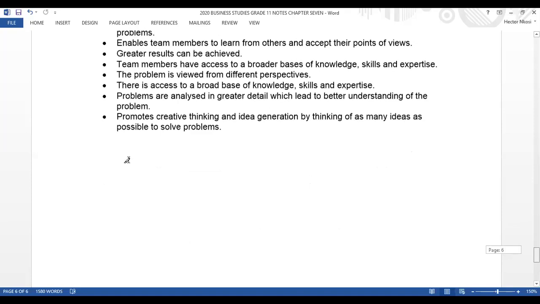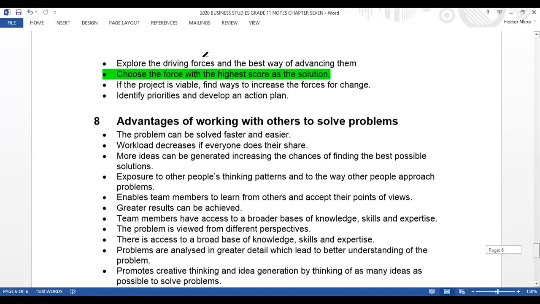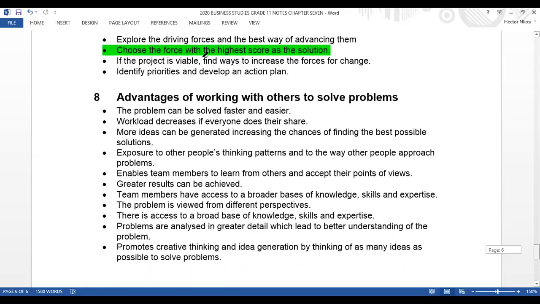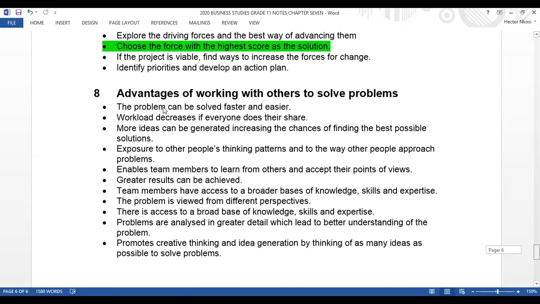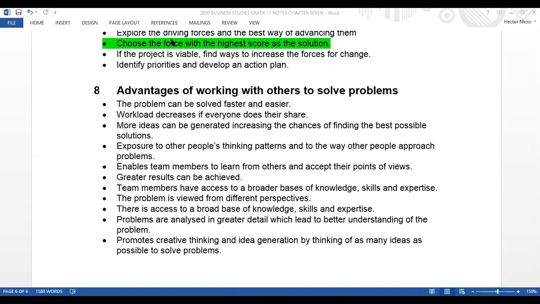Let's look at the last one. Now, the last one now, boys and girls. These are the advantages of working with others to solve problems. So what are the good things for teamwork, basically, right? In order to solve problems, right?